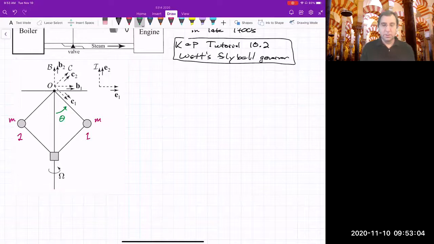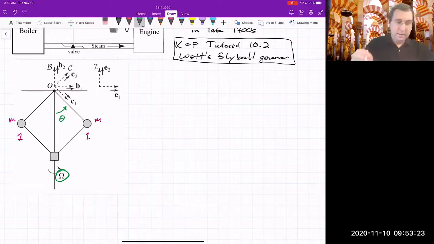So these two masses are whirling around with the speed of the central shaft, capital omega. And this speed of the shaft is related to the engine. We'll forget about that complication right now. Just think of it as a constant. We've got the inertial frame.